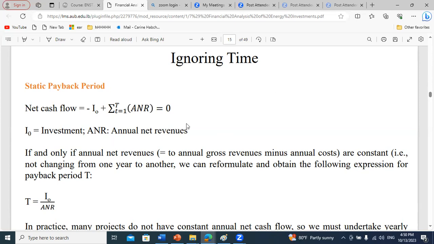So the annual net revenues will represent the benefits minus any costs, such as maintenance and operational, that we should pay each year. So maintenance plus operational costs should be subtracted from benefits to constitute the annual net revenues.